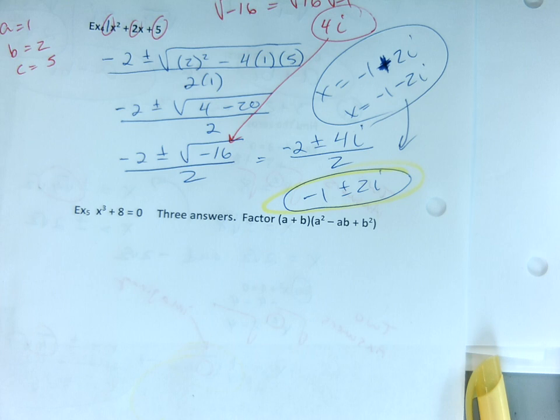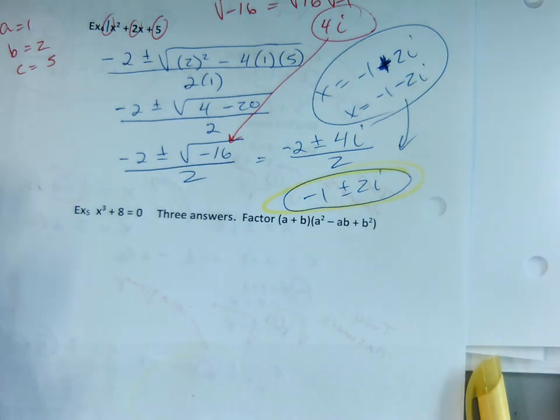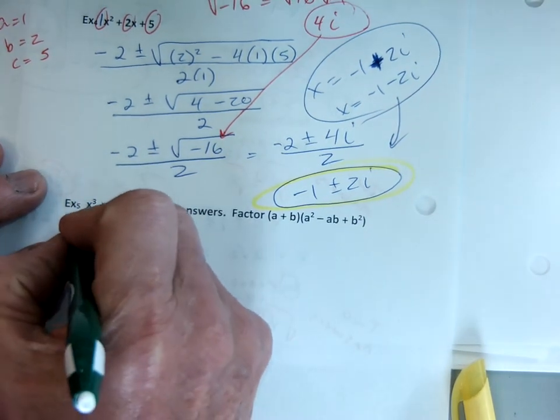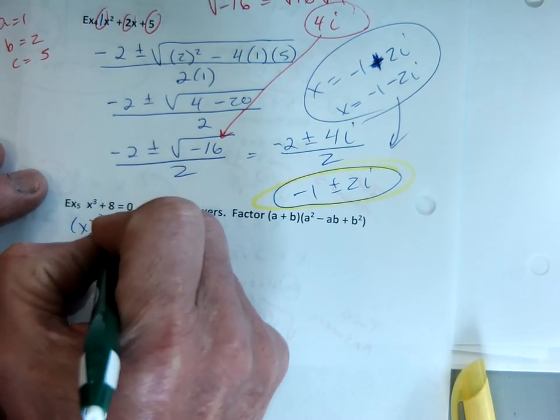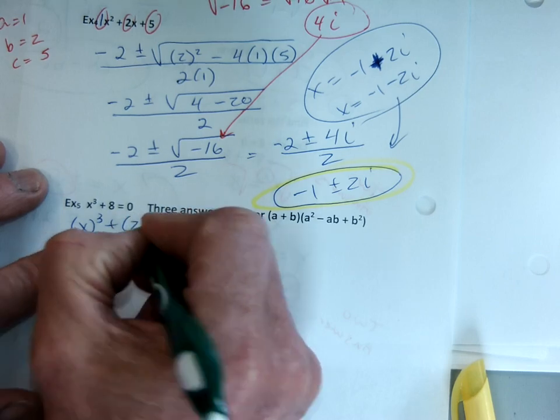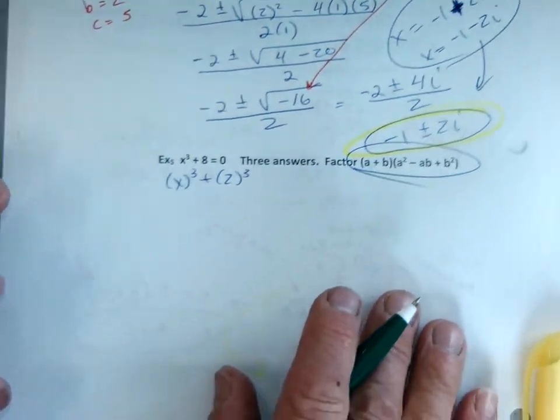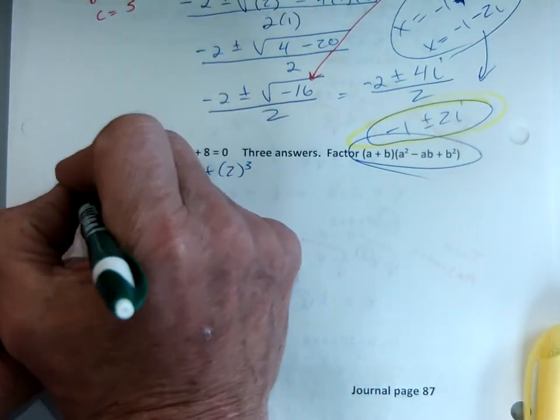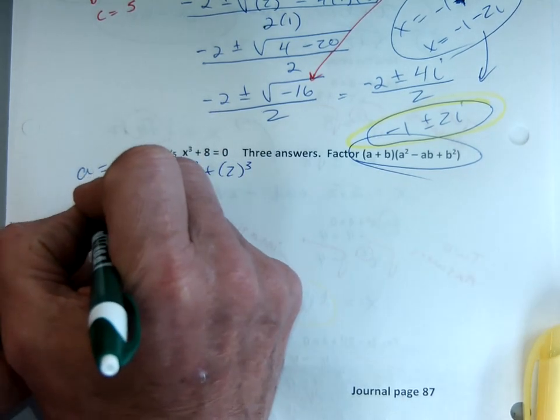So let's factor this. Everything I taught you last week is coming back to haunt us this week, right? Technically I have x cubed plus 2 cubed, and I want to use that formula where a is x and b is 2.